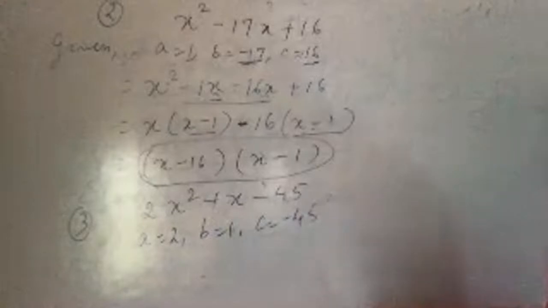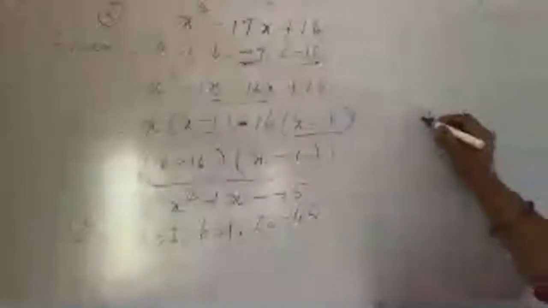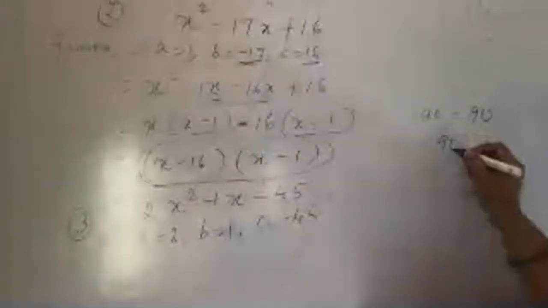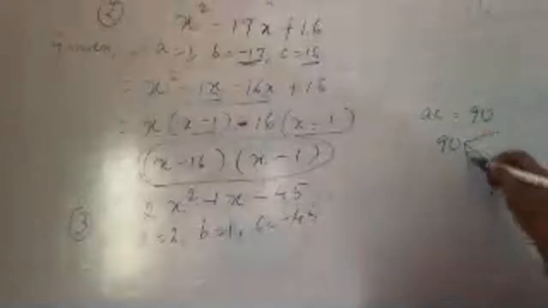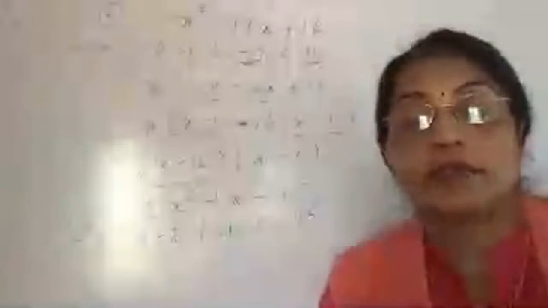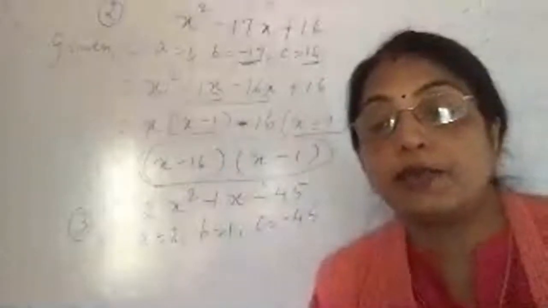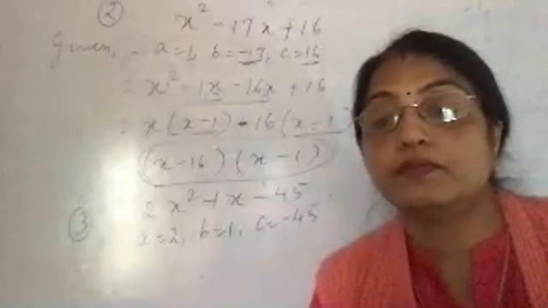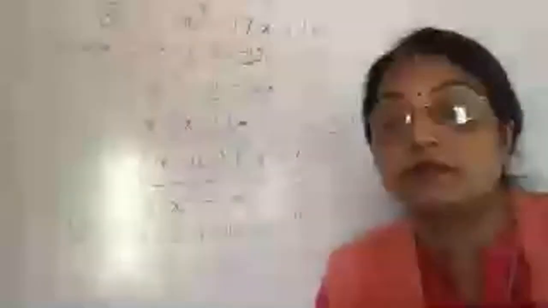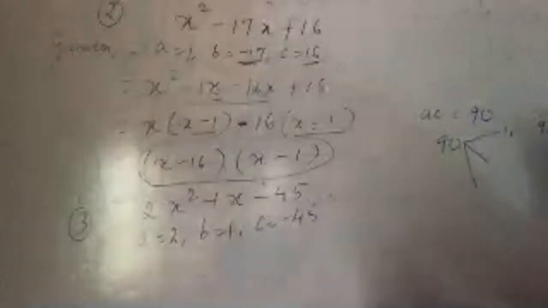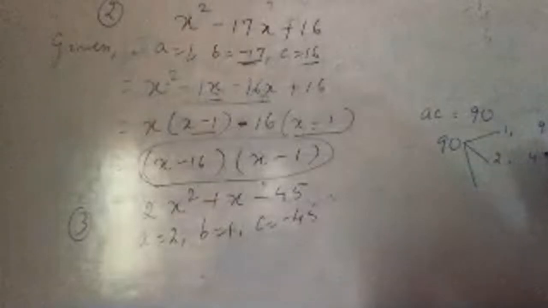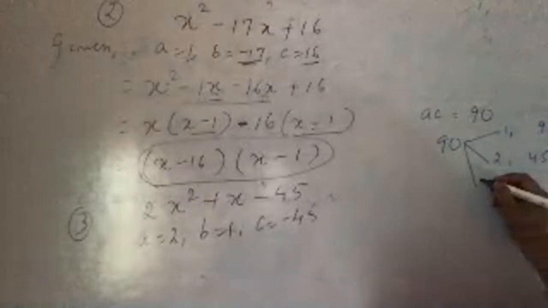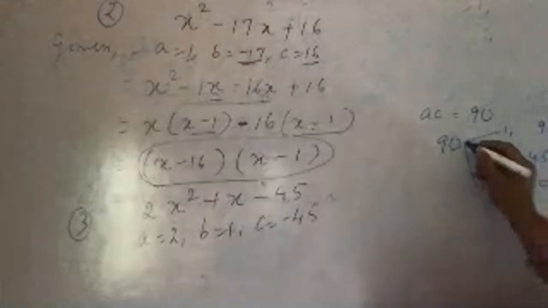If you multiply, 90. 90 you break into two factors such that 1 will come. Break 90 into two factors. It will be 1 and 90, 2 and 45, 3 and 30. There are so many factors.